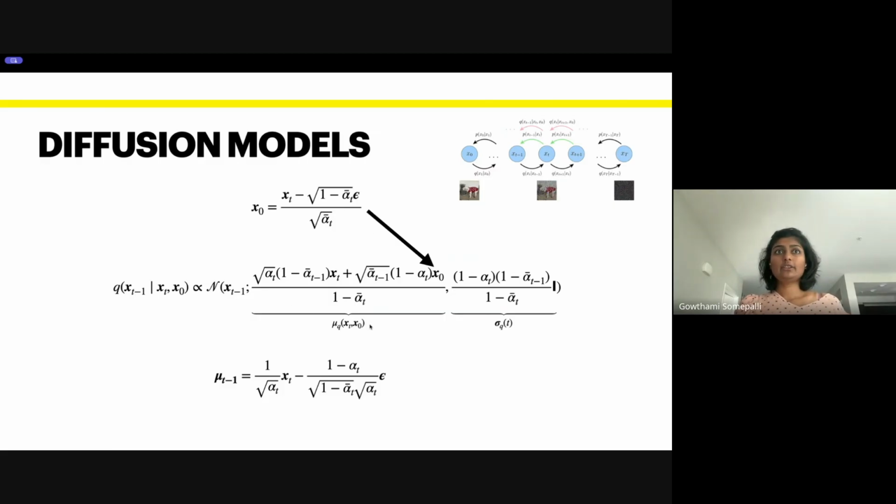When you substitute it here, we can get an even simpler approximation only in terms of xt, where you can compute the mean of this posterior distribution as xt scaled by a time-dependent constant, minus another time-dependent constant scaled by epsilon, where epsilon is the noise. Whenever you see epsilon, just assume it's a noise sample from a unit normal Gaussian distribution, that's all.